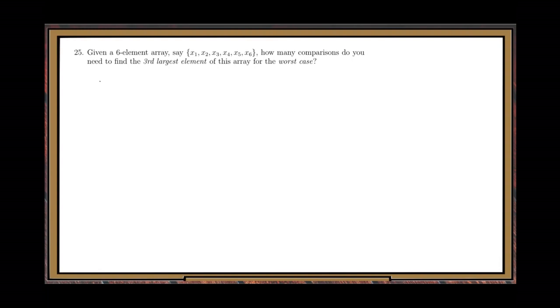The example is find the median of a 5-element array.